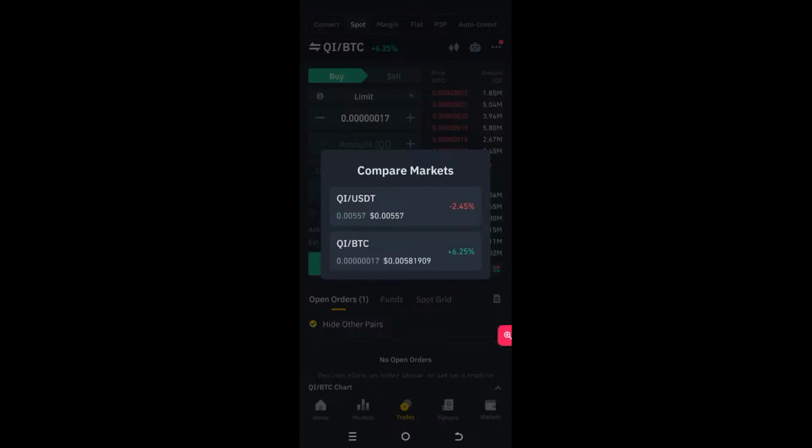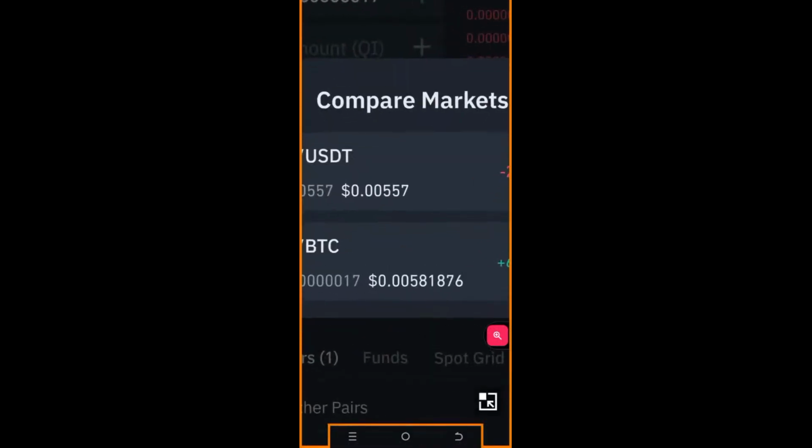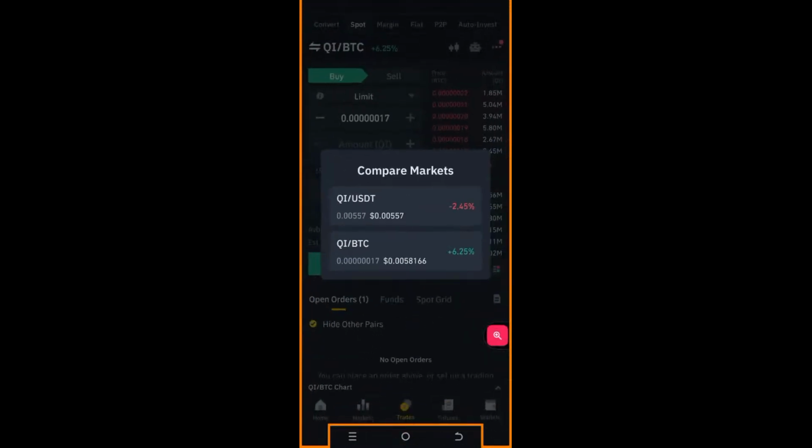Let me magnify this for you. You'll see that QI BTC is 0.0000058 while QI USDT is 0.0055. So obviously the cheaper one is USDT, so we're going to start with that.